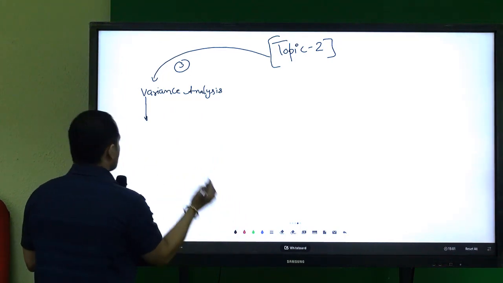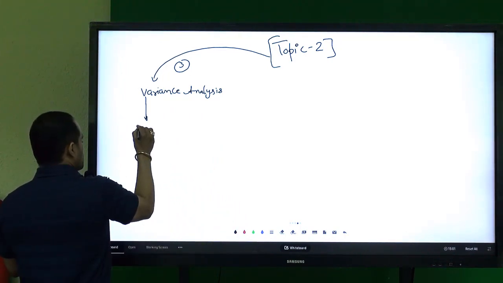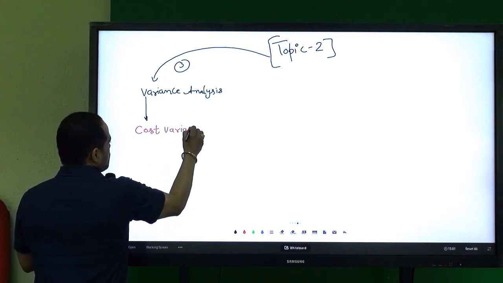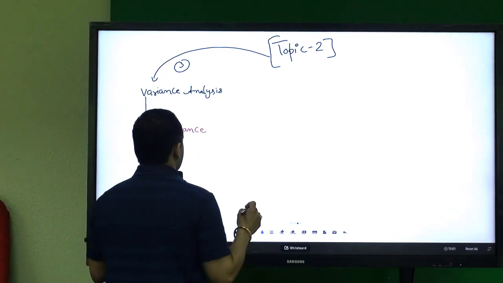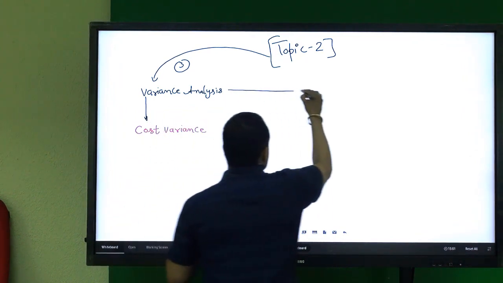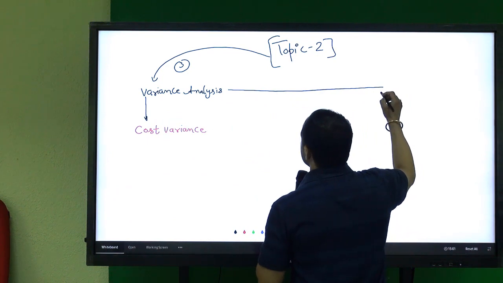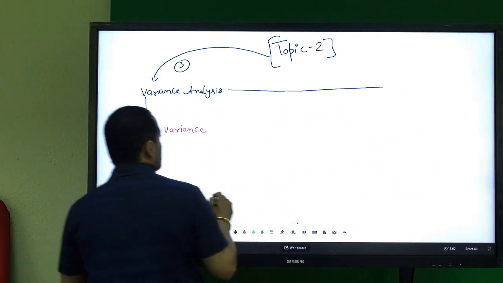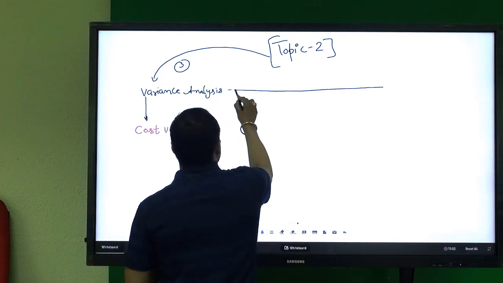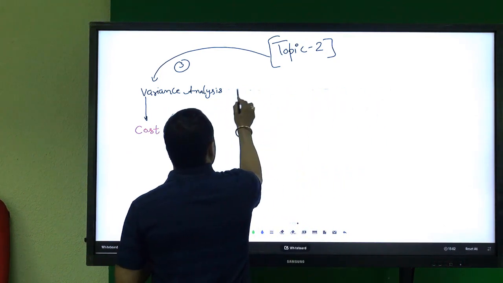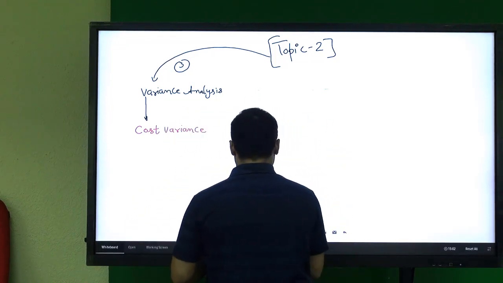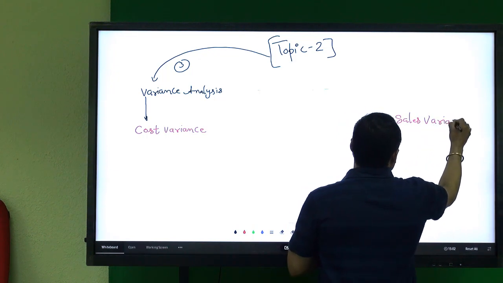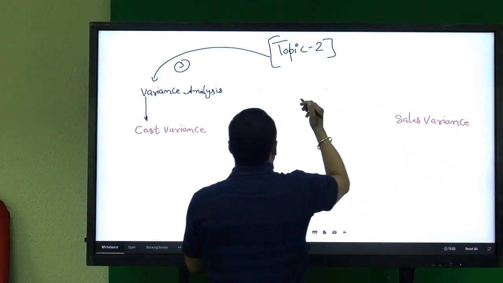Here we have cost variance, and here sales variance, so we have profit variance.